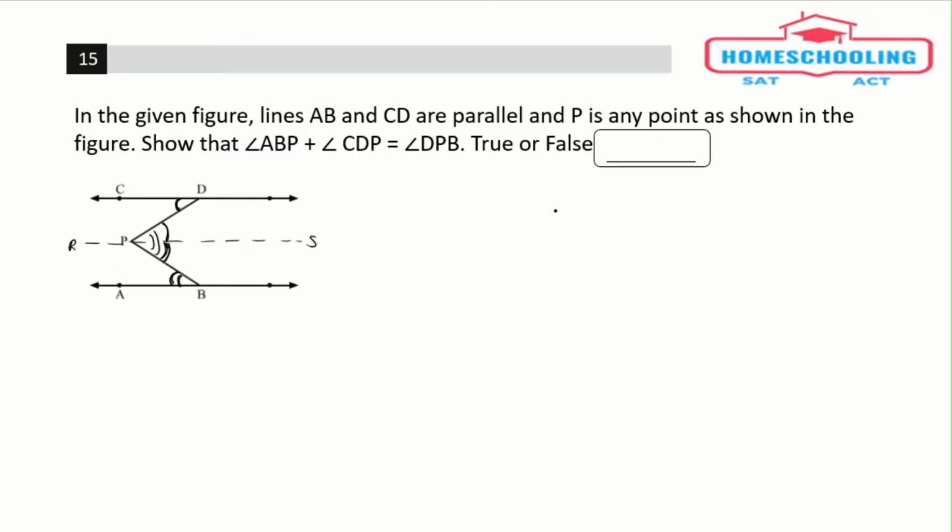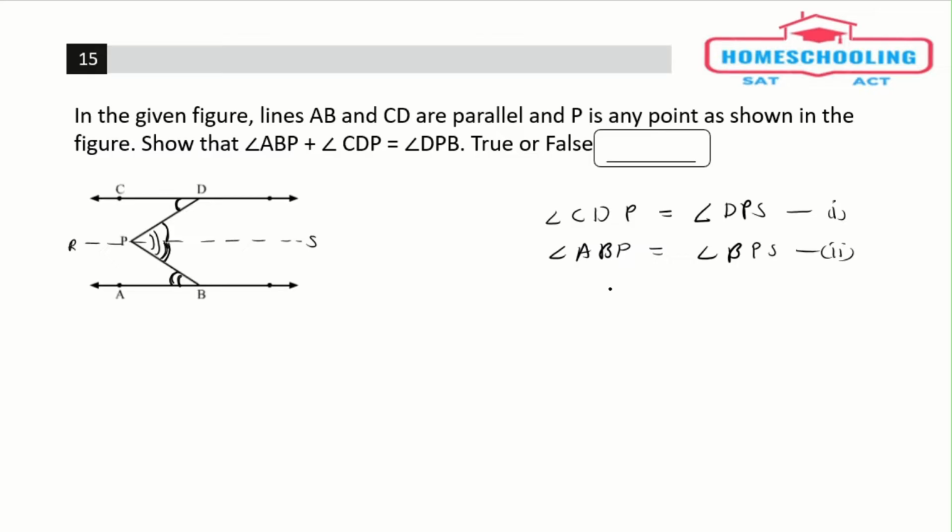So we can say that angle CDP is equal to angle DPS. Let's take this as equation 1, and angle ABP is equal to angle BPS, equation 2.